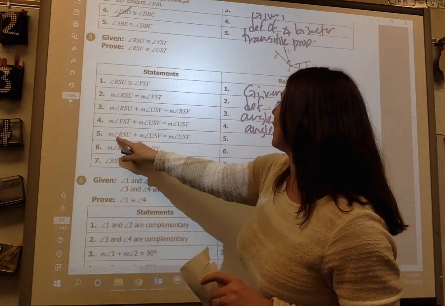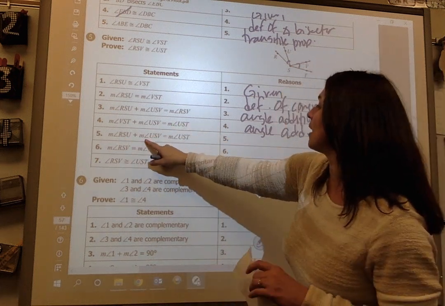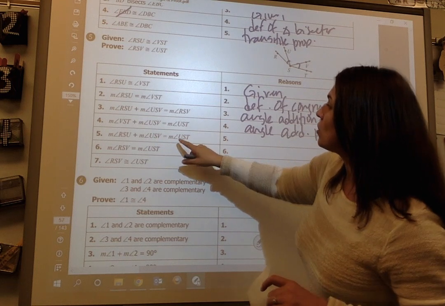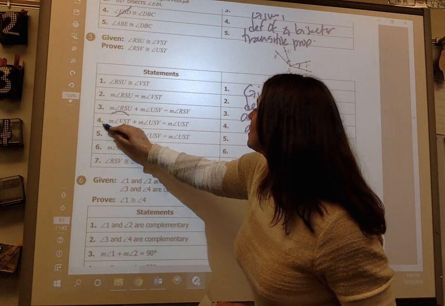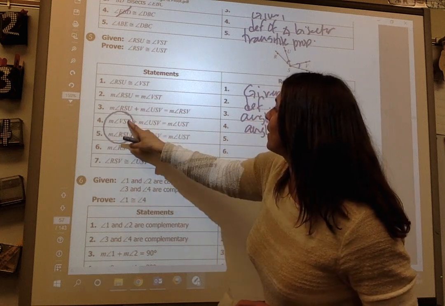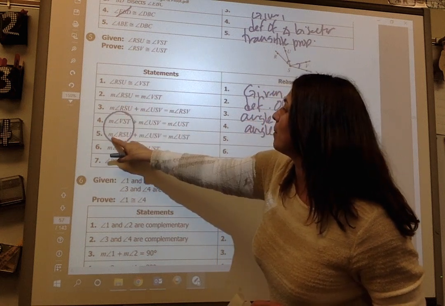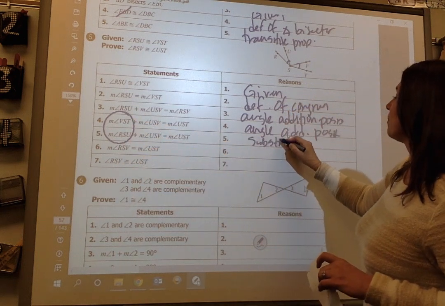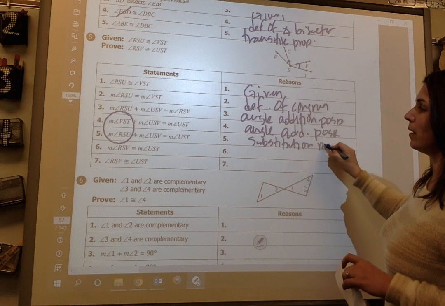And now I'm saying that angle RSU plus angle USV is equal to angle UST. So I can go back up here and I can substitute the measure of VST, and I'm putting in the measurement of angle RSU. So that's going to be substitution property.